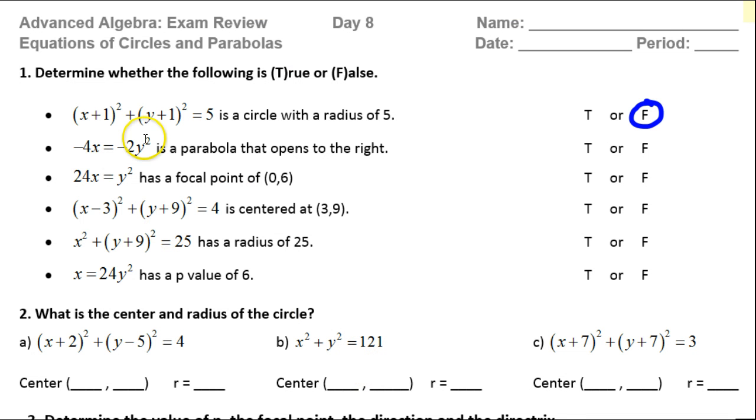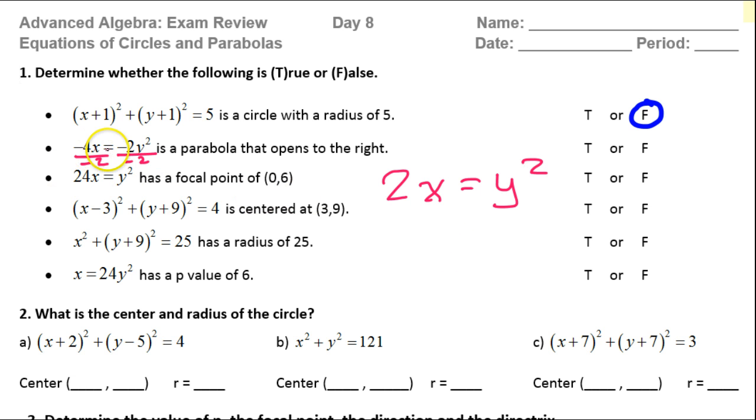So you just have to be careful because see how it's negative on both sides? Those negatives cancel each other out. You know what I mean? If we divided both sides by negative 2, you would find out that what we really have is positive 2x is equal to y squared.